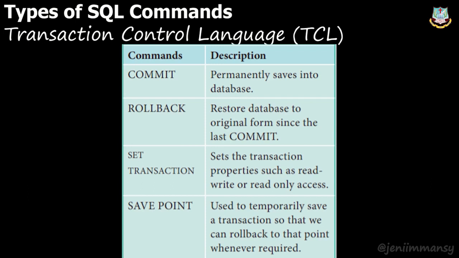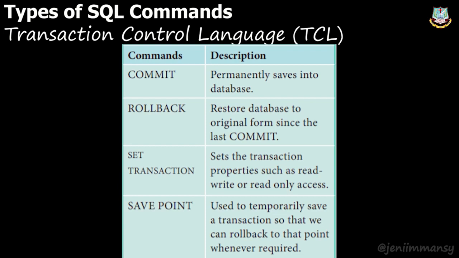Next one is rollback. Rollback means restoring the database to its original form. That means now we have used commit, so everything till the last commit will be a permanent save. If you want to restore the database to how it was before, we can bring back that same screen by using this rollback. From the word itself we can understand. Rollback is like undo, right?